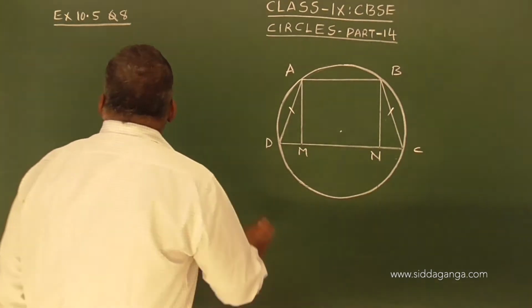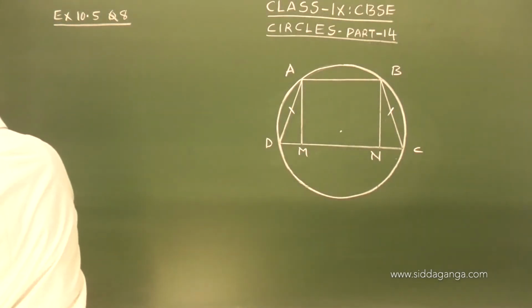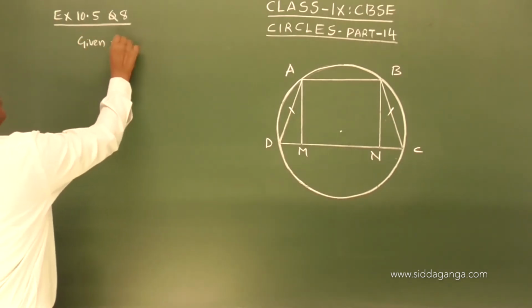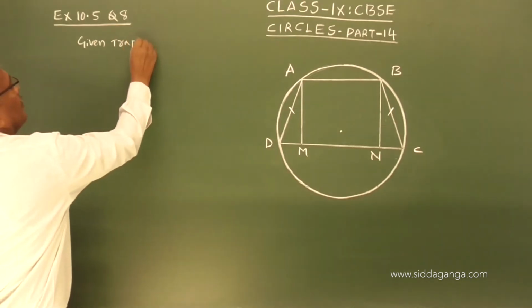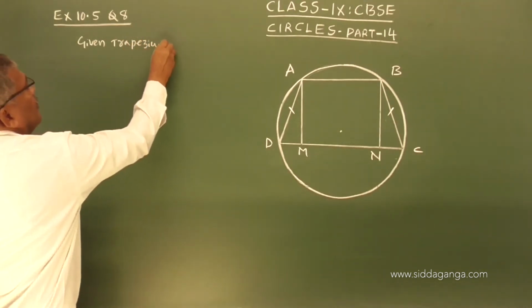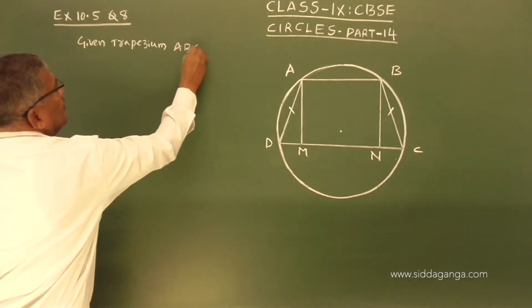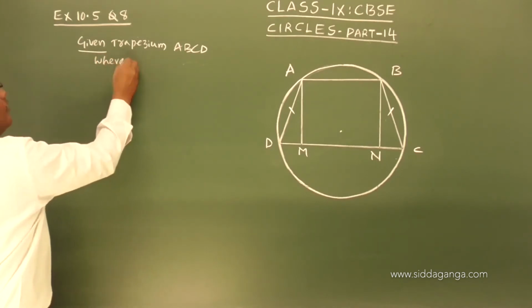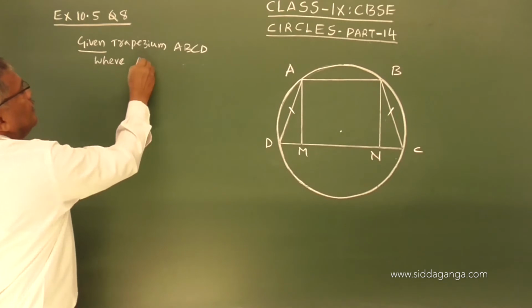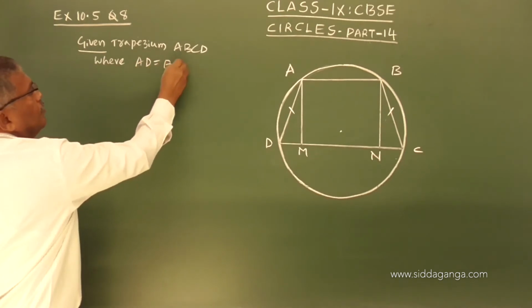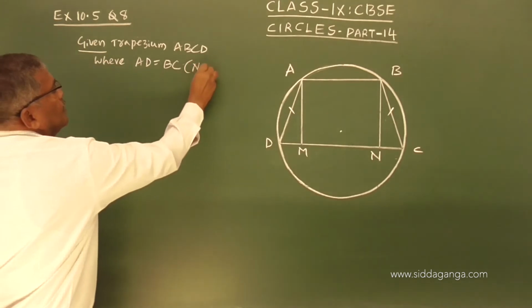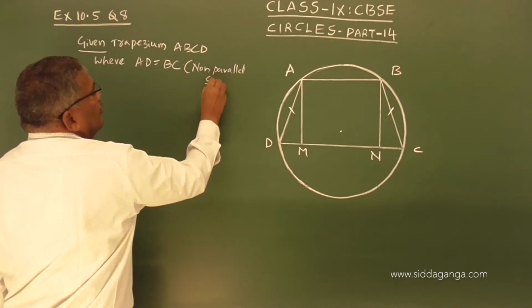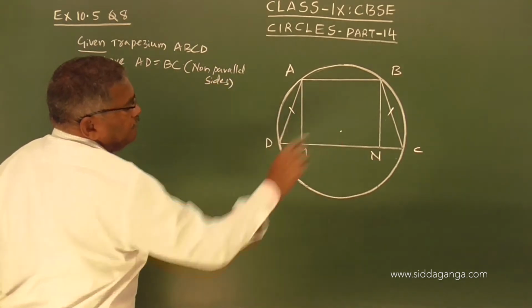Now, given trapezium ABCD, where AD is equal to BC, non-parallel sides, or equal in length.